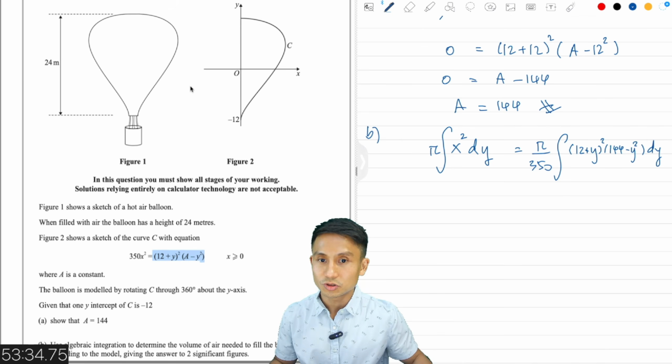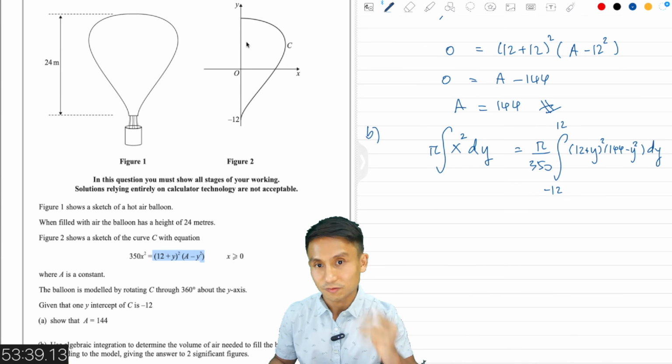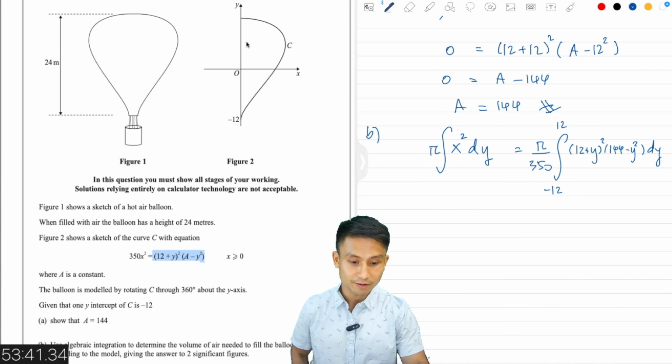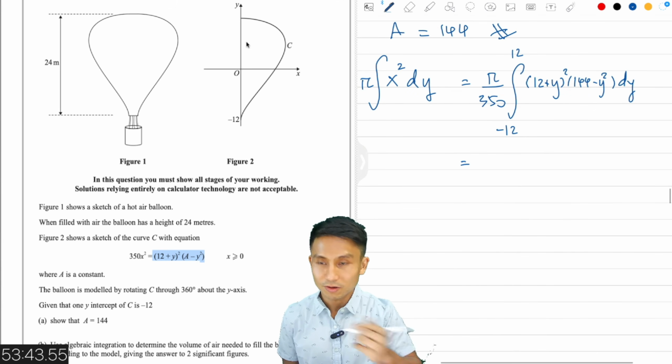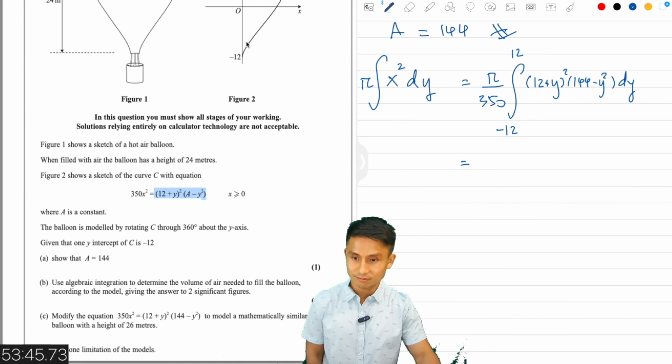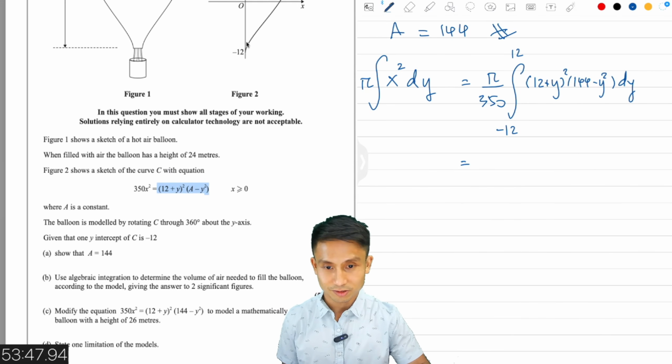And we should do the bounds, the limits, from minus 12 to 12. That would be the limits of y, right? And if we crack on with this one, we should get the answer. All right, so 5 marks there.